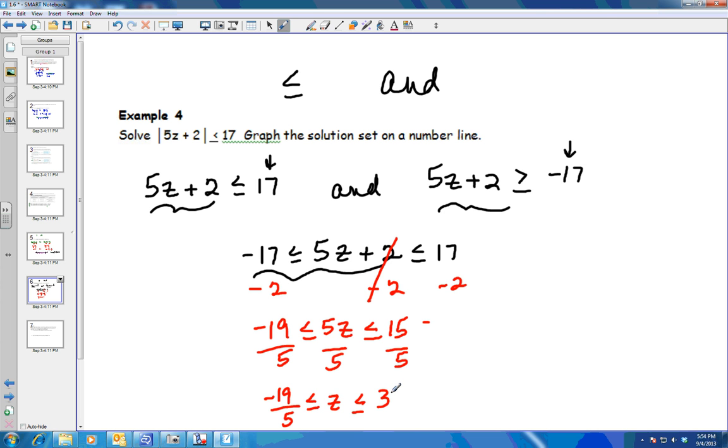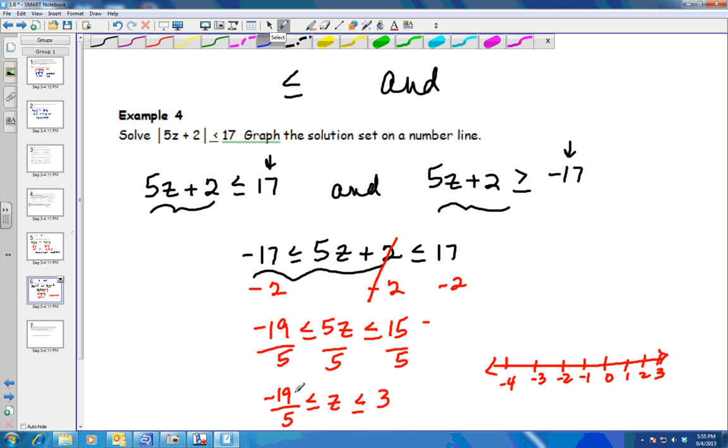Okay, and now I'm going to graph that. So negative 19 over 5, do you know what that is? 19 over 5 is 3.8. So this is negative 3.8. So I'm going to start here at negative 4, negative 3, negative 2, negative 1, 0, 1, 2, 3.